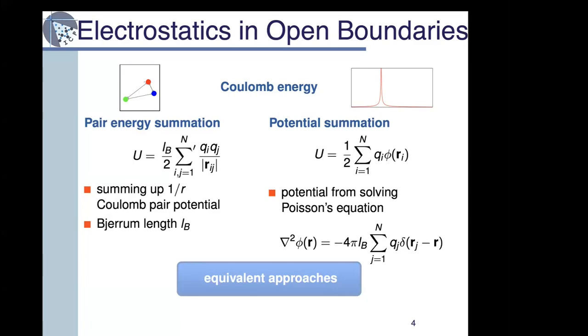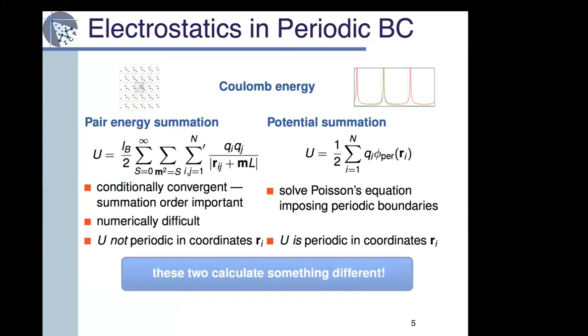In open boundary conditions, this is completely equivalent, because you just sum up what's there, or you solve what's there. Now, under periodic boundary conditions, the first question is: how do you sum up the pairs in a periodic lattice crystal? Because that is what you will do when you use periodic boundary conditions: you just replicate the system infinitely.